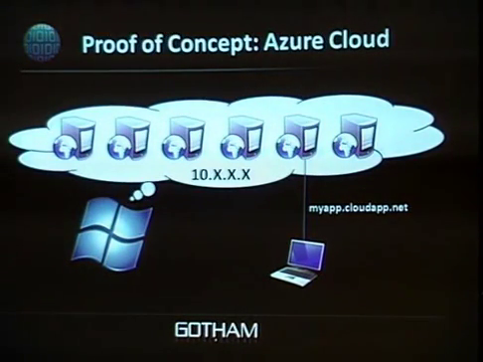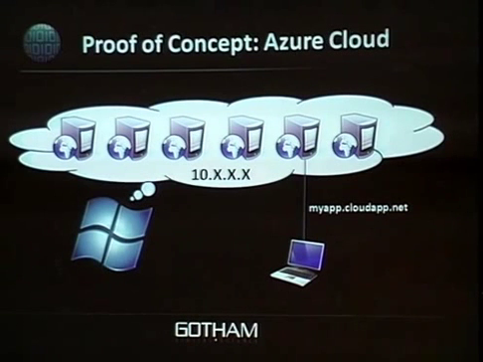So to do a proof of concept, I created a web service. It's a standard calculator web service from MSDN, and I deployed it to a VM in the Azure cloud. The way Azure works, which is Microsoft's cloud platform, is you buy a subscription and publish web services in VMs that get deployed into the cloud.